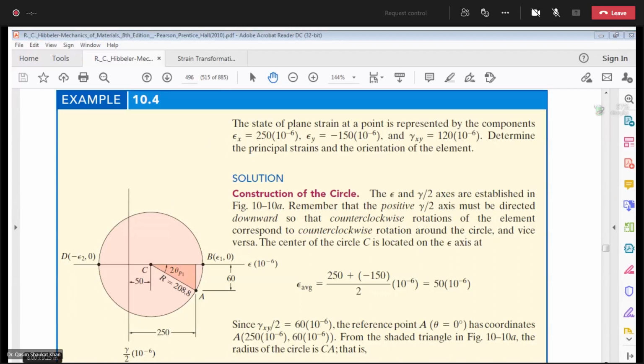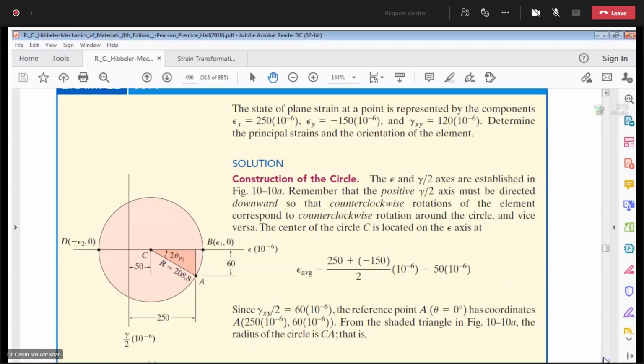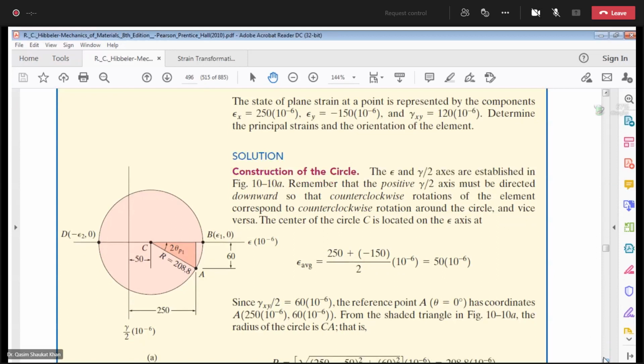Now next, we need to write the coordinates of the reference point A. The coordinates of reference point A are epsilon x and gamma xy by 2.